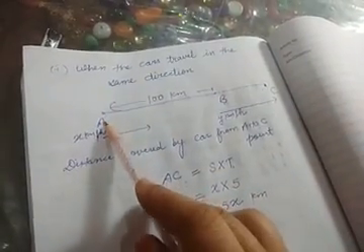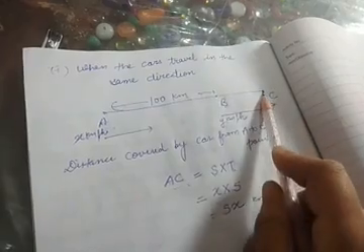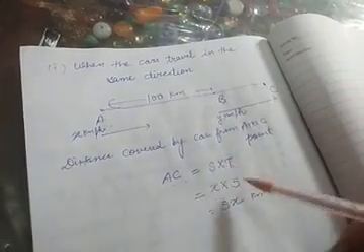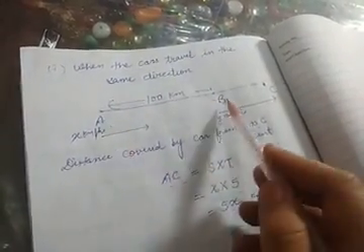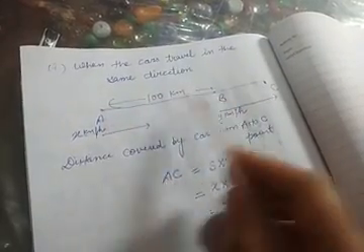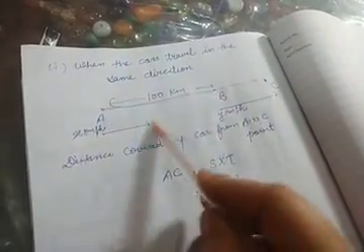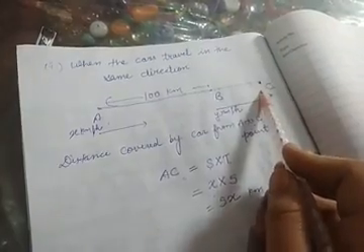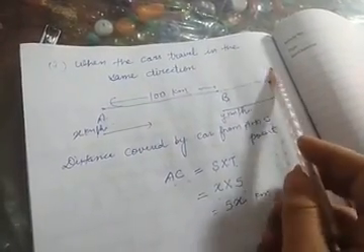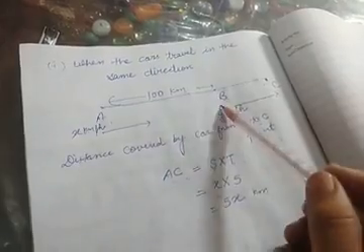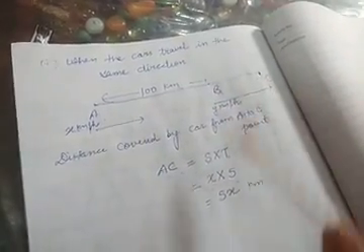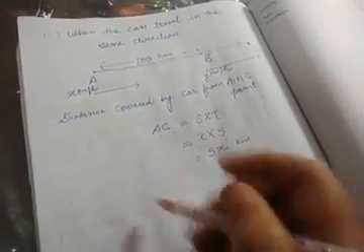And how much time is this car taking to reach this point? 5 hours, because both cars meet in 5 hours when they travel in the same direction. So we have taken this point C where they are meeting in 5 hours. So AC distance will be 5x kilometer.